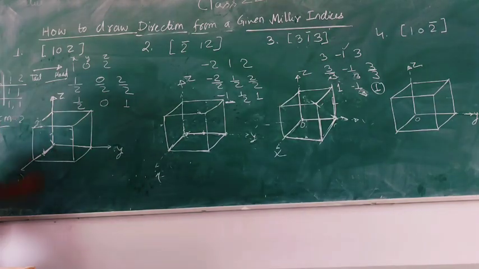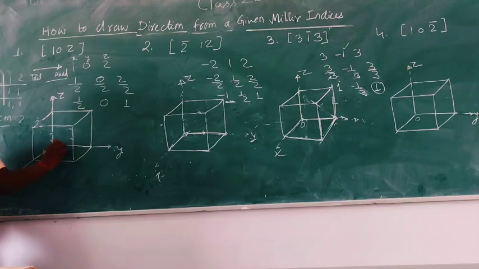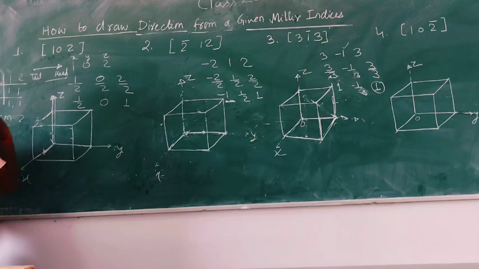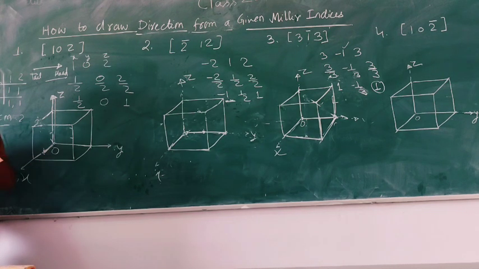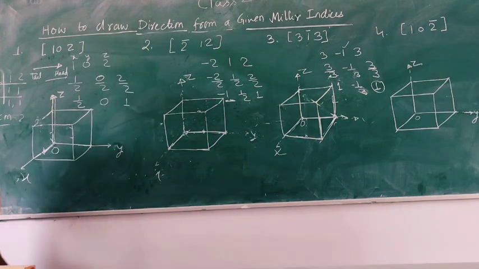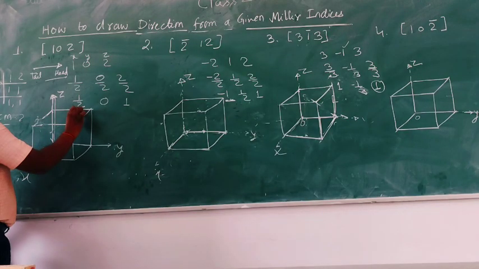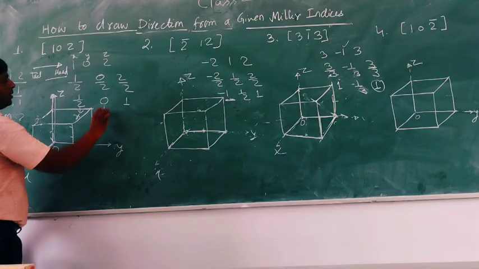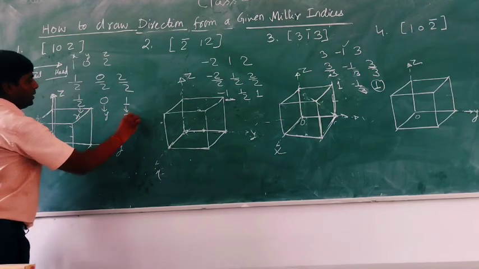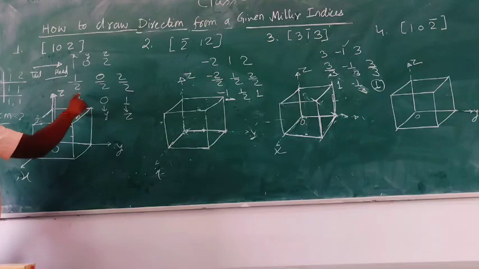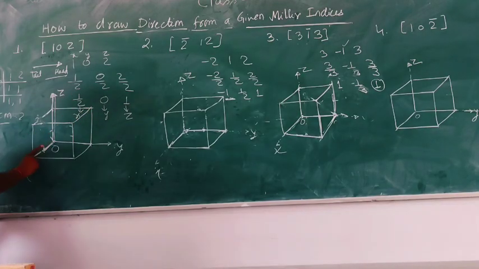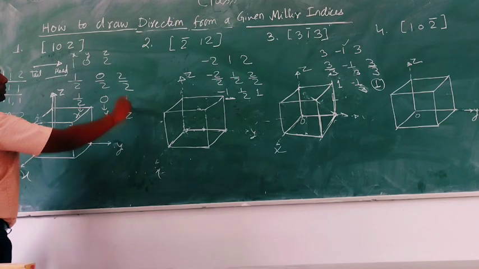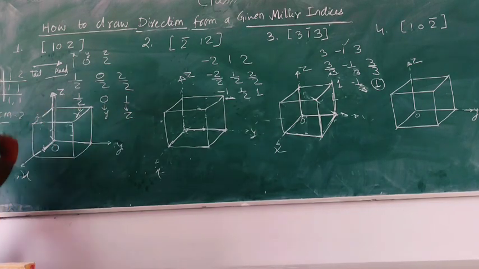According to the assumption, this is the positive x direction, this is the positive y direction, and this is the positive z direction, and this is considered as 0. So the final coordinates are: x coordinate half, y coordinate 0, and z coordinate 1. So we move half a distance in the x direction, 0 in y, and 1 unit along the z direction.